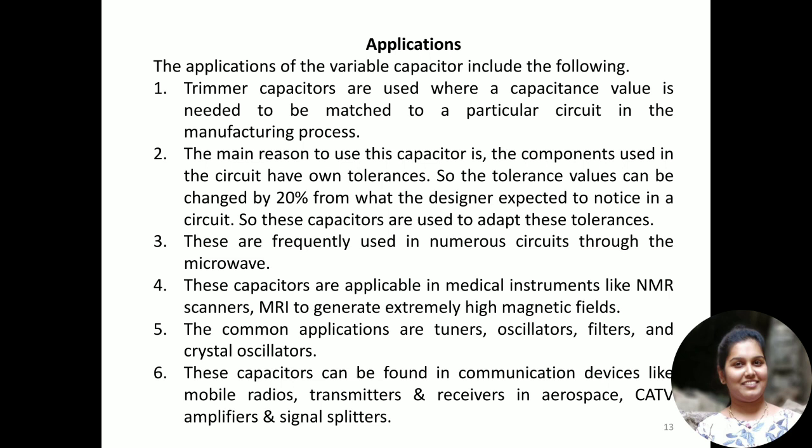Coming to the other basic applications, variable capacitors are found in communication devices like mobile radios, transmitters, receivers, aerospace, amplifiers, and signal splitters. So these are some of the examples that I have noted down, and there are n number of applications available with variable capacitors.